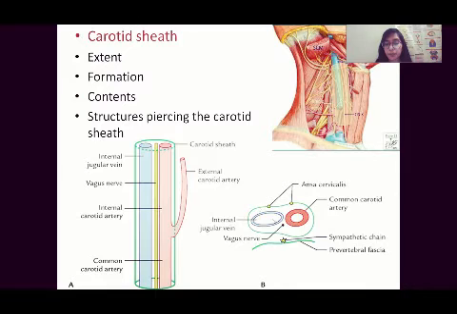Anteriorly to the carotid sheath, ansa cervicalis is present, and posteriorly to it are the prevertebral fascia and sympathetic chain. So all the things are discussed: the extent, formation by fascia covering it, contents internal jugular vein, vagus nerve and carotid artery, and structures piercing the sheath, as I already told you.